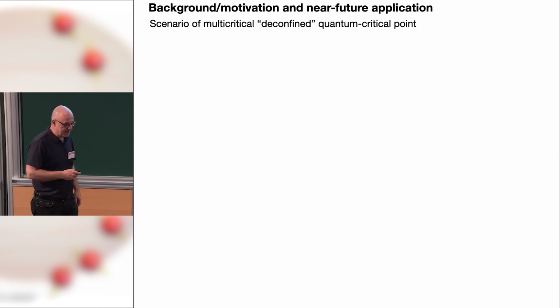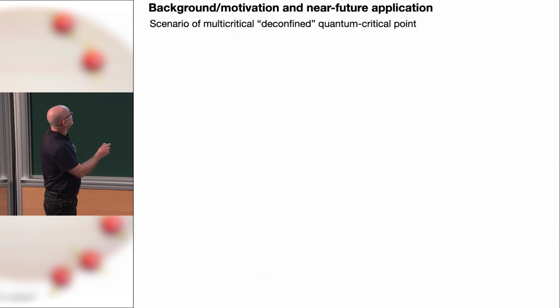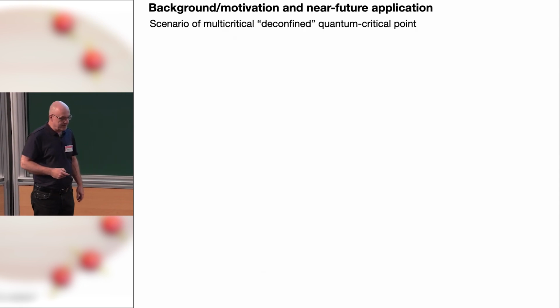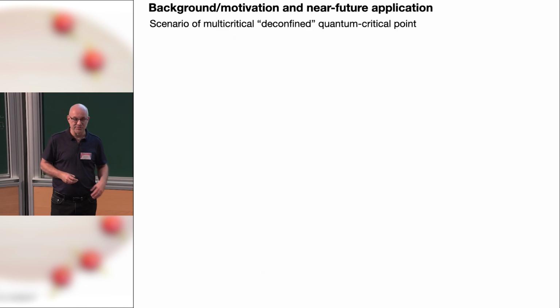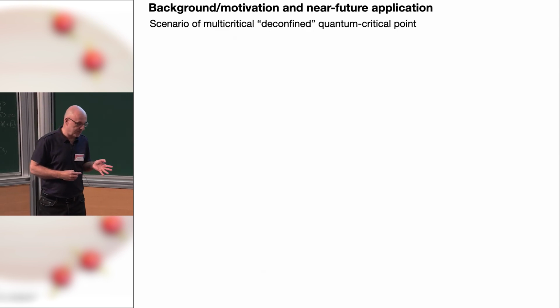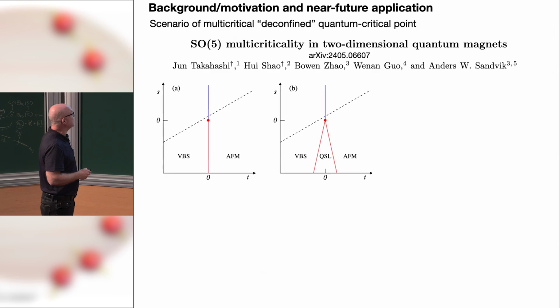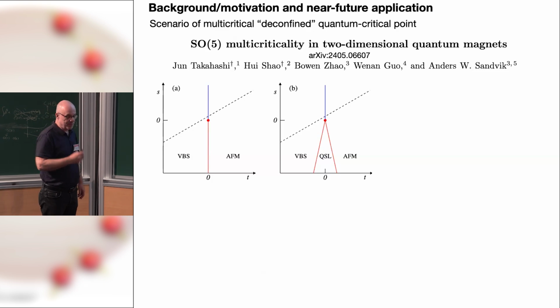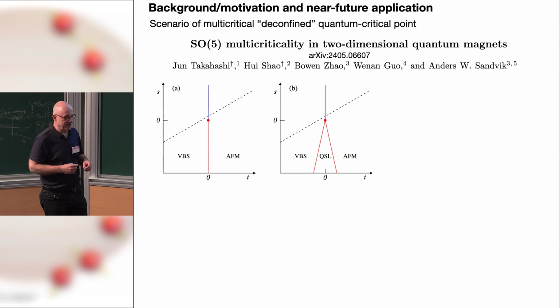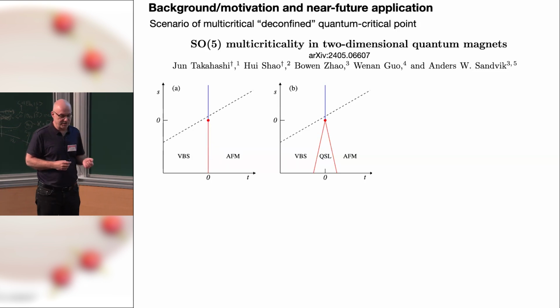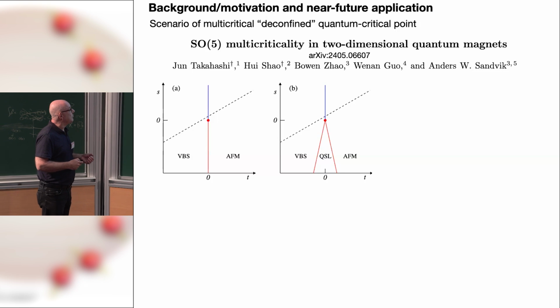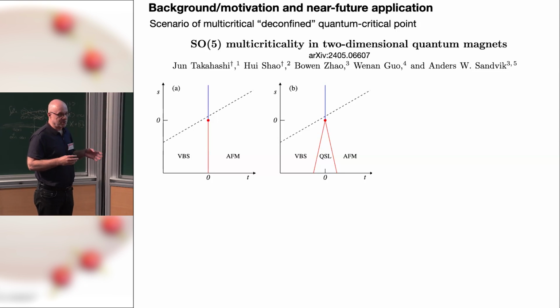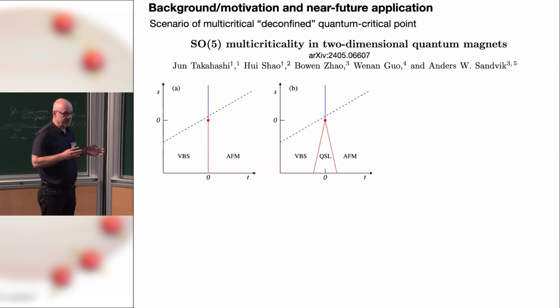Okay, so the background, and I say near future applications here, to deconfined criticality, which we haven't applied this method to yet, but I will argue that it would be very useful. So in this preprint here, which was referred to in the previous talk as well, we have a somehow orthogonal picture to what we just heard in Wei Zhu's talk. Namely, we think everything seems consistent with there being indeed two relevant symmetric fields.